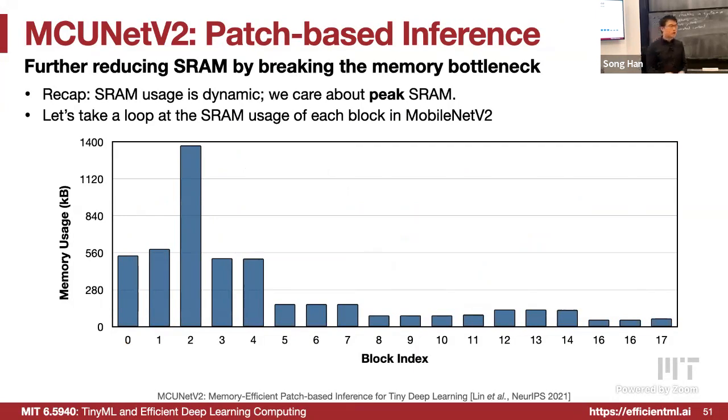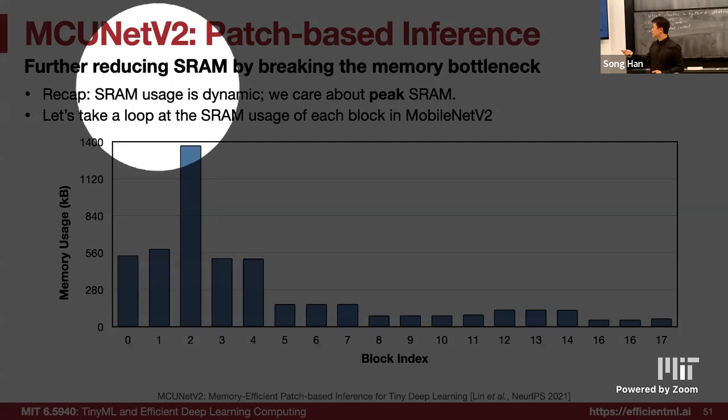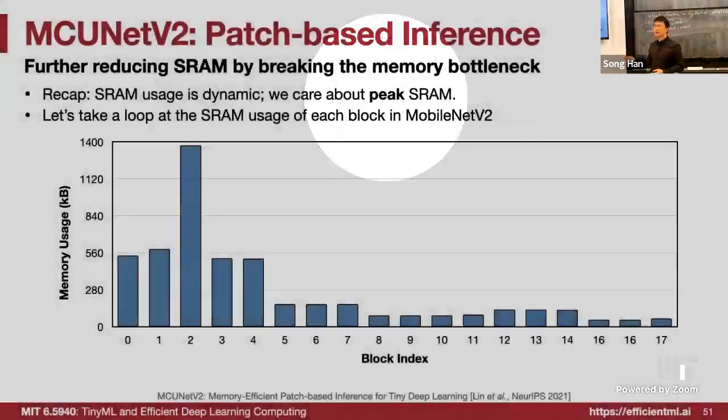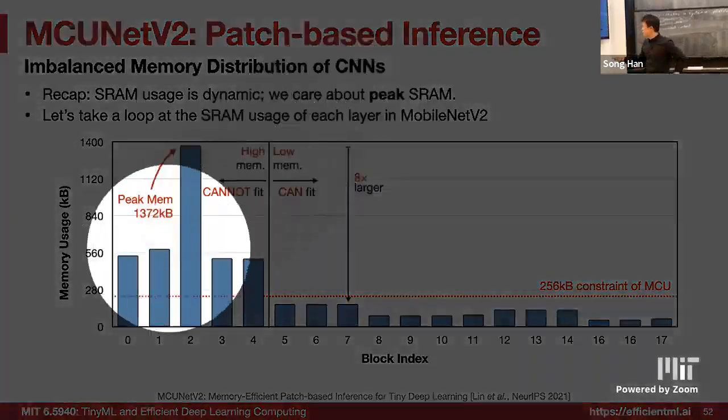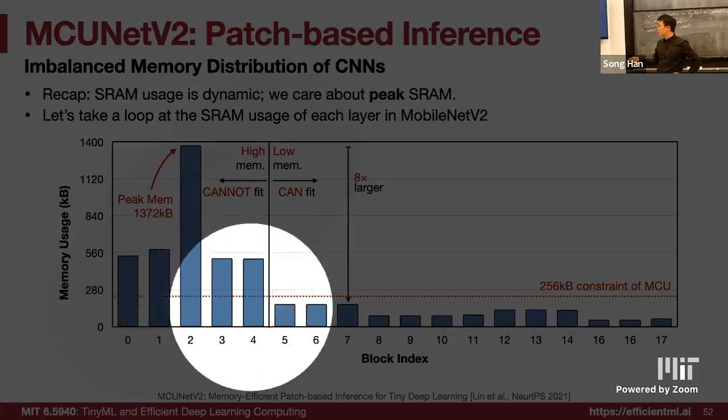So let's revisit the problem of this imbalanced memory usage, where the peak memory is actually the bottleneck, not the average. And to recap, the SRAM usage is dynamic. We care about the peak SRAM. So roughly, we can find there are two regions. The first region is layers 0, 1, 2, 3, 4.